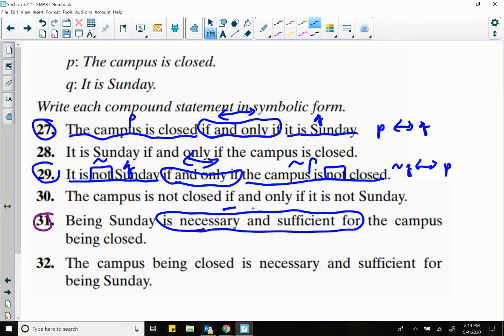So this is just a large double arrow right there. And again, you just keep the order. Being Sunday, well, that is Q. The campus being closed, that's all about P. So when we write this, that's Q double arrow P.